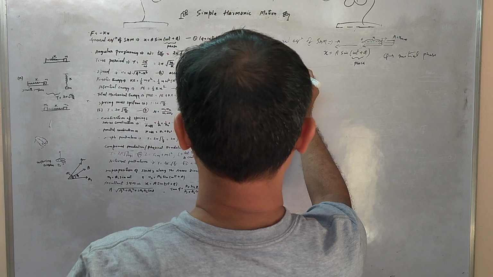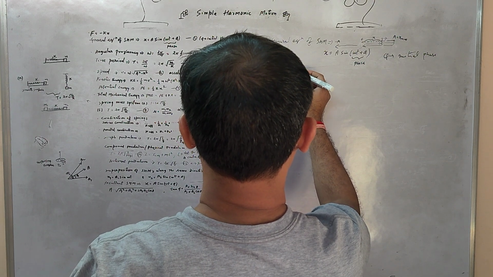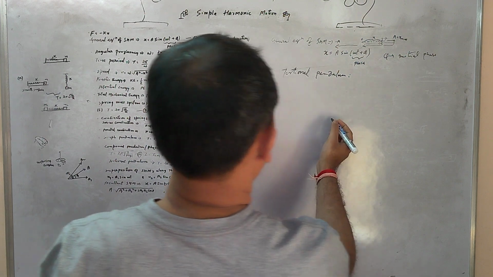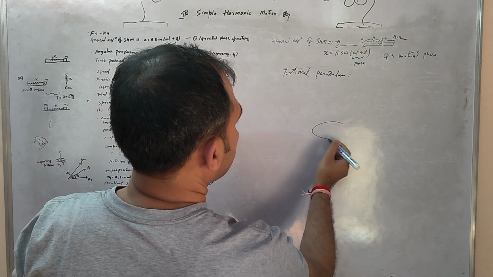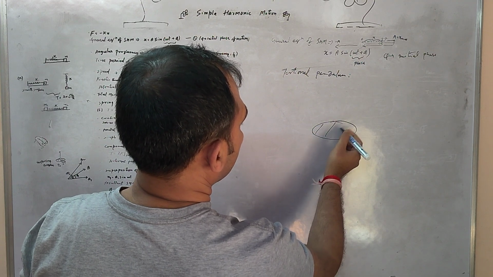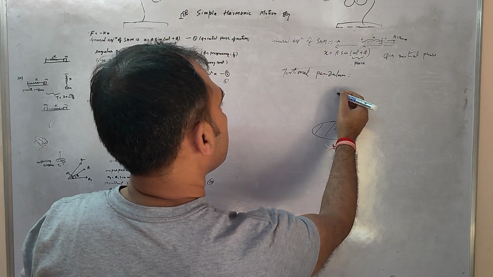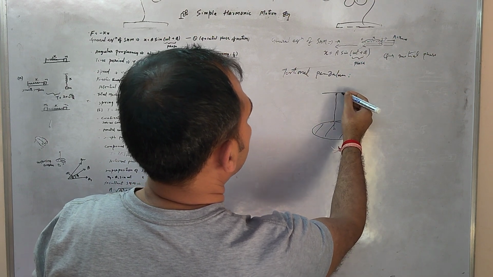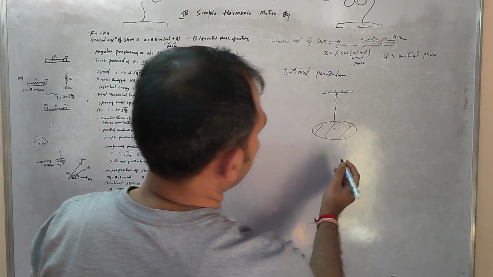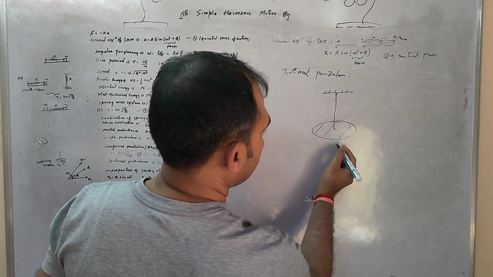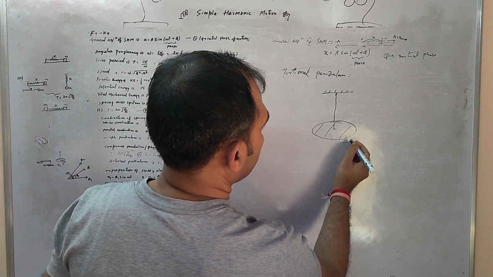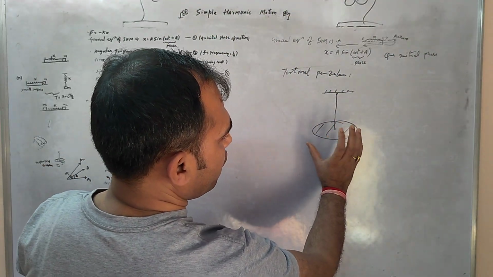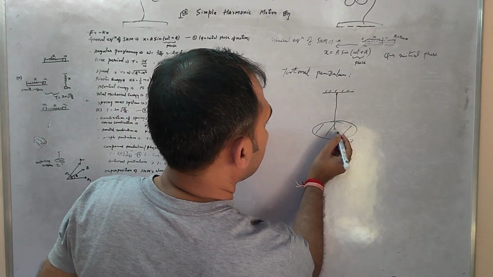Now, torsional pendulum. See, suppose there is a disc connected to a string from this roof, and we rotate it without moving the disc, we only rotate it like this.